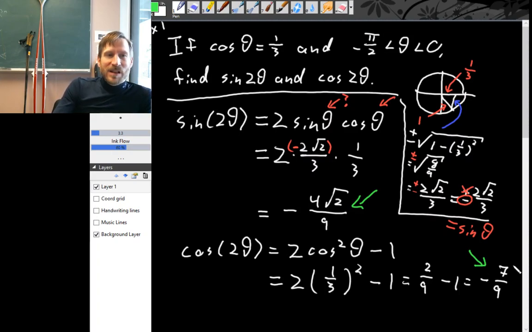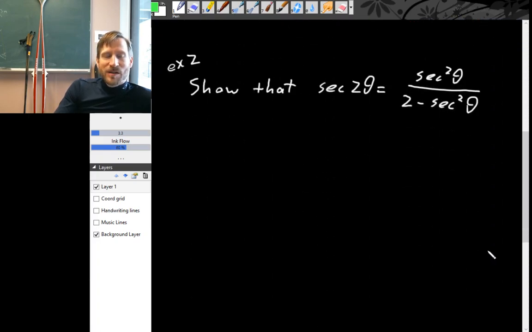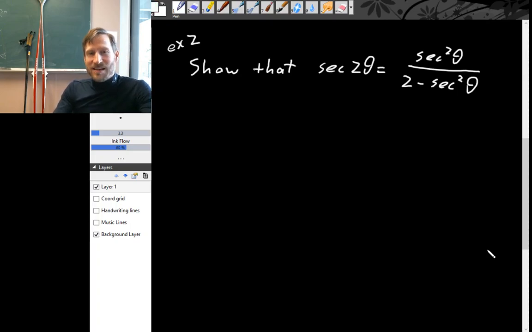All right, let's look at one other example of how we can use the double angle formulas. Let's use them to demonstrate this identity, that secant of 2 theta is secant squared theta over 2 minus secant squared theta. All right. Now it's kind of tempting to start with the right-hand side because it looks more complicated.